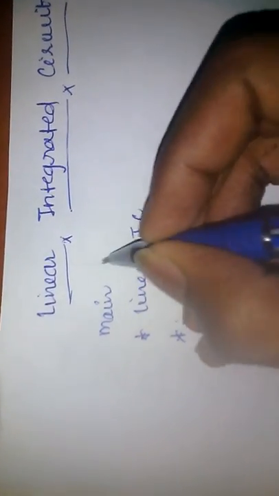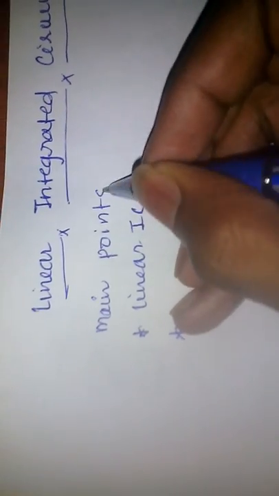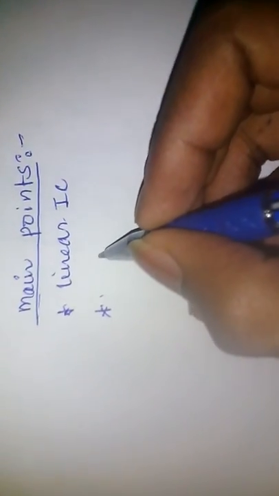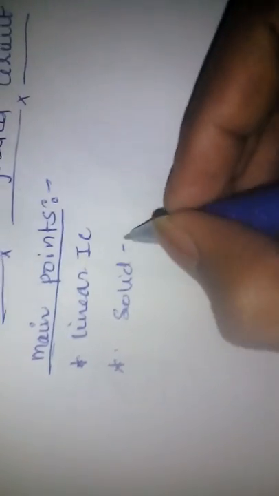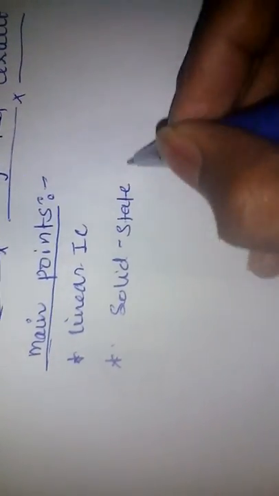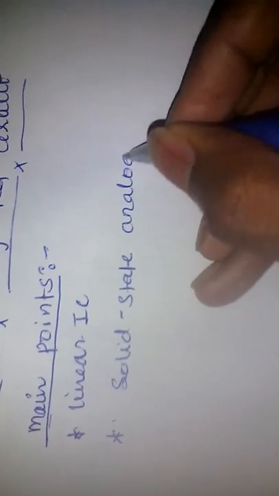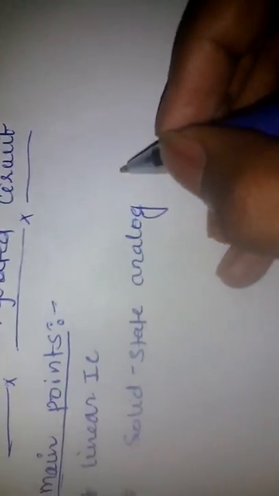So here I have to write main points. Linear IC. What is the main thing? It is a solid state analog device.